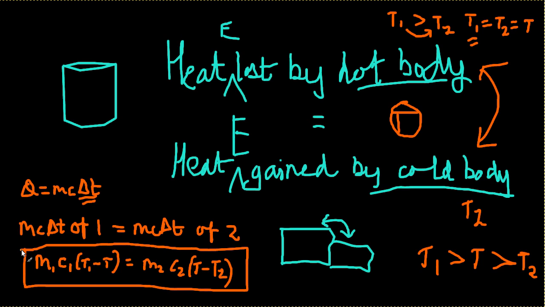If you refer to your electricity chapters, you would have come across energy is equal to P into T, and this energy is converted to heat energy, and that's equal to Q. This is equal to mc delta T. So if they've given the power and the time to you instead of heat energy, you need to find this, or vice versa. Just use this: Pt is equal to mc delta T. It's the same thing.